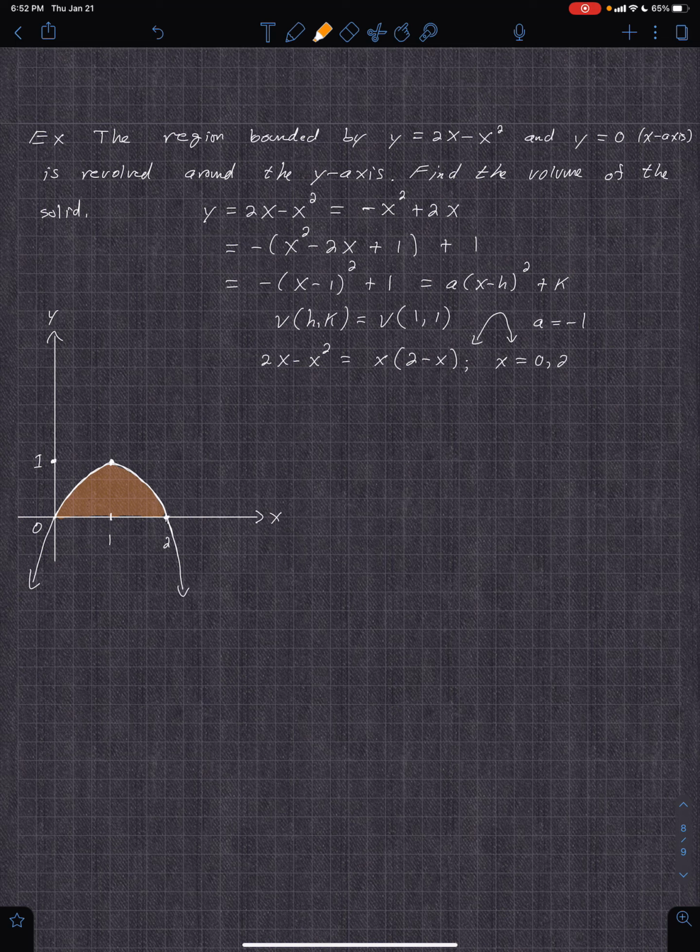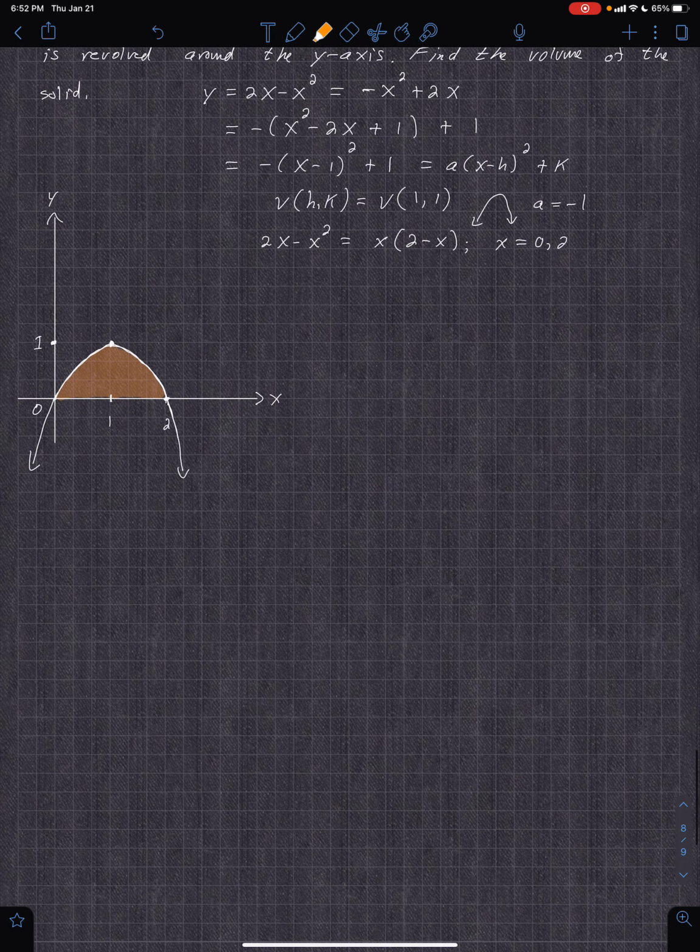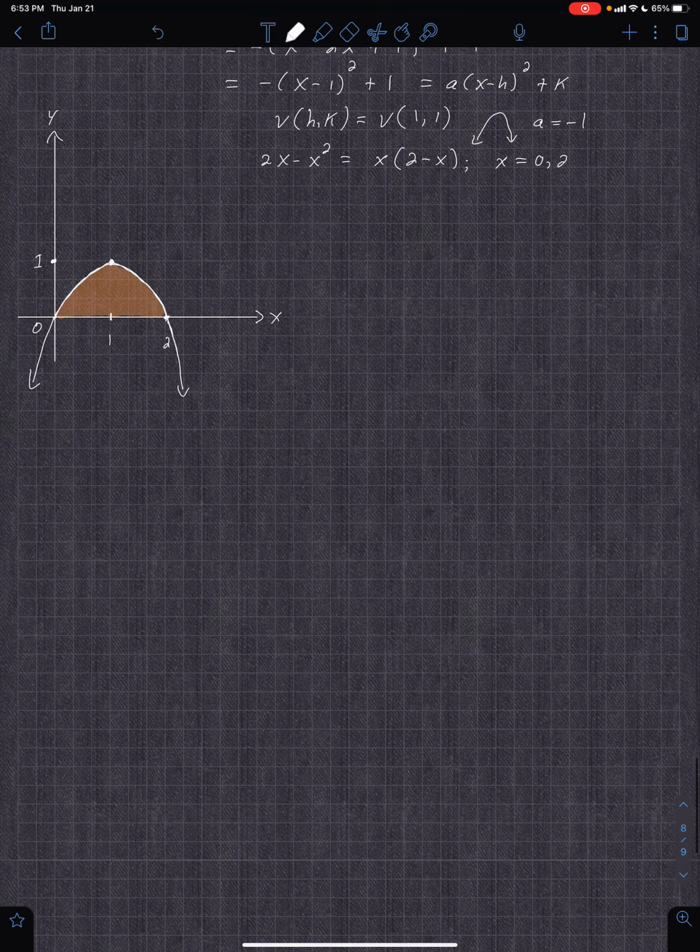The y-axis. So we're taking that region and revolving it, coming out at you, or back. It creates a shell, or a volume, that looks like this. Okay, so let's then go to this.